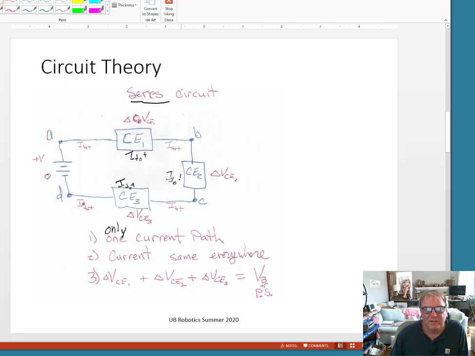So it's very easy to see that I total that leaves the battery is the same that comes back, because it's the same everywhere. And then there's this condition that the voltage drops across each one of these, when you add them together, equal the voltage drop of the battery.